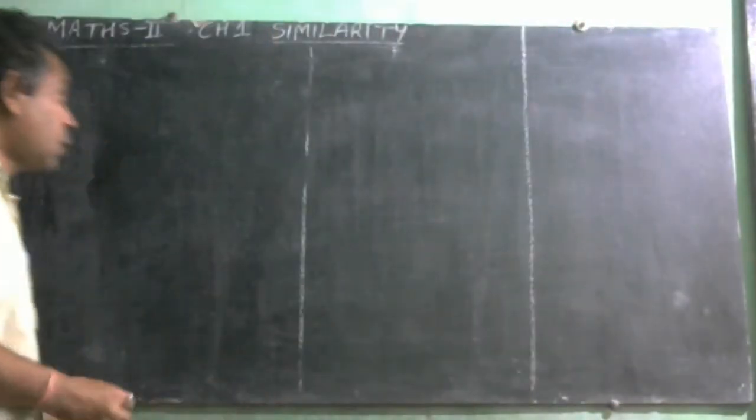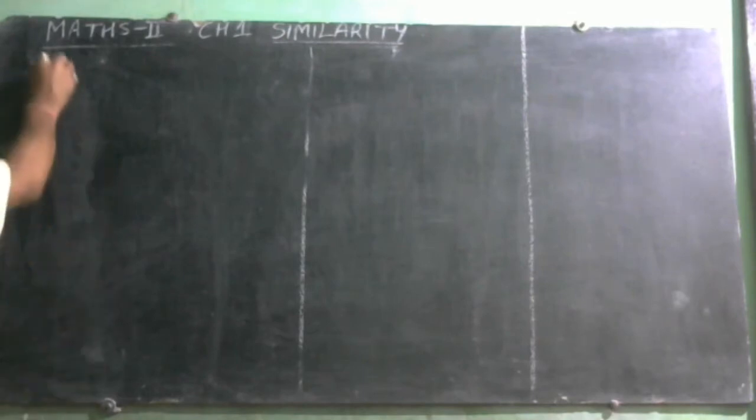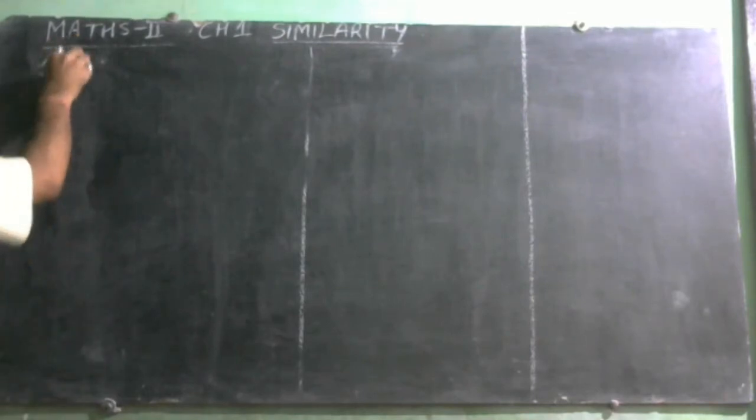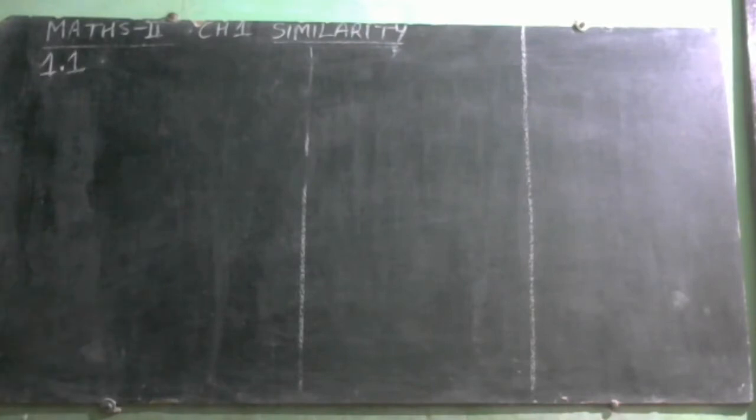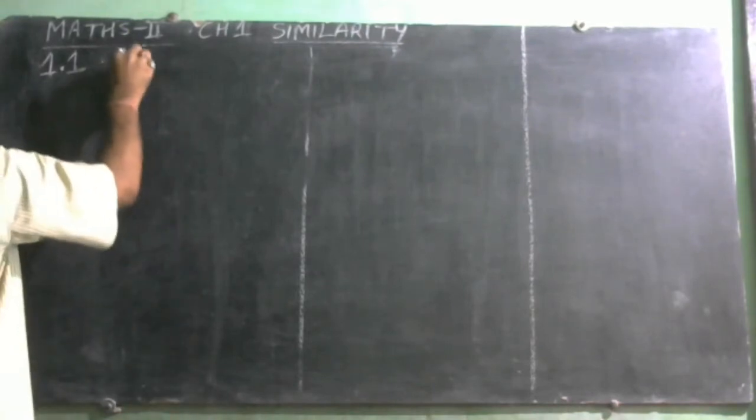Today we have to see 1.1, that is dependent on area of triangle.